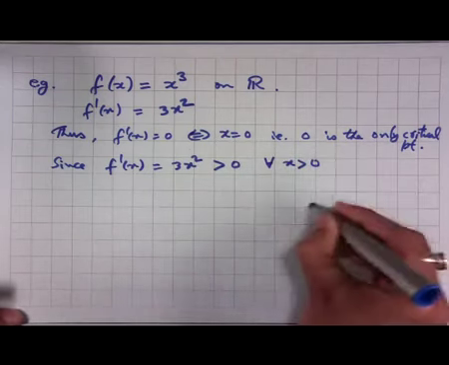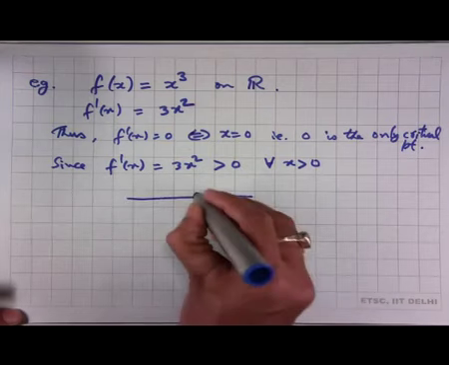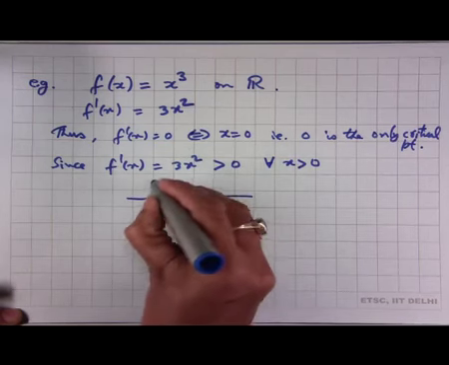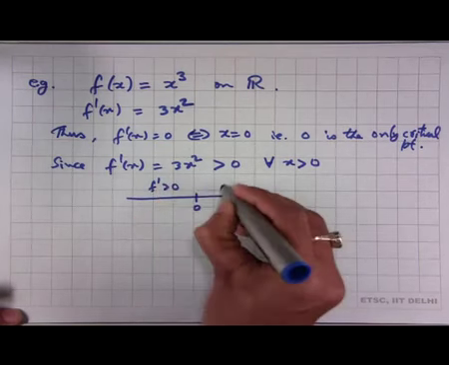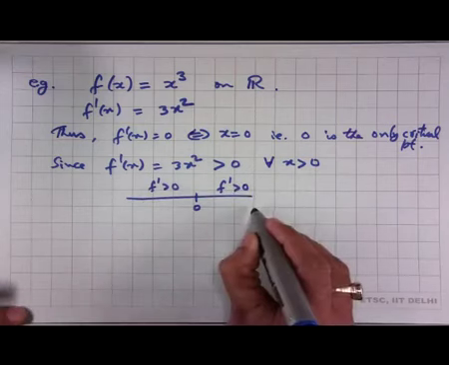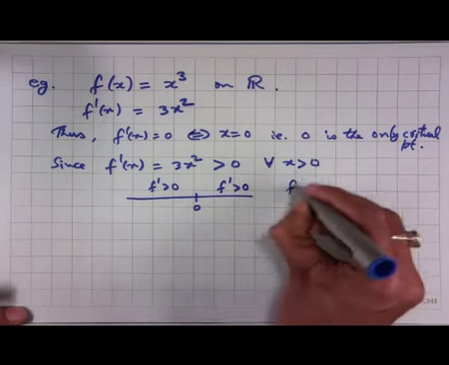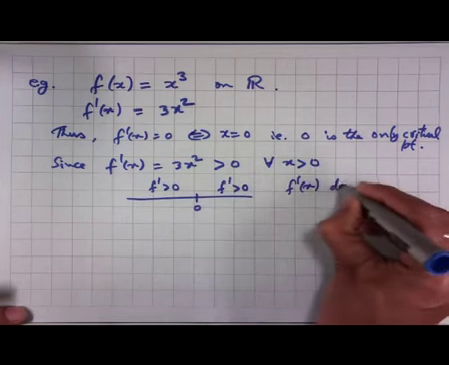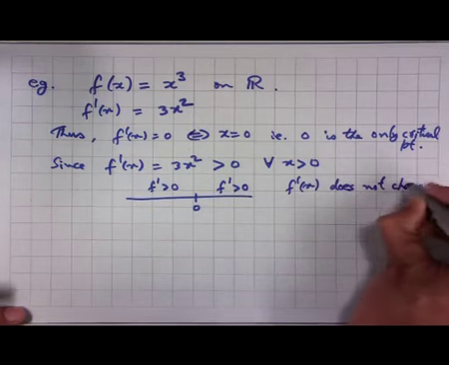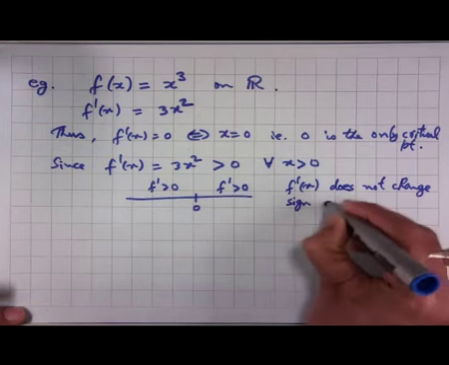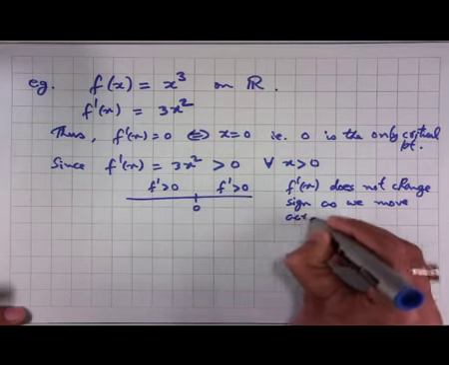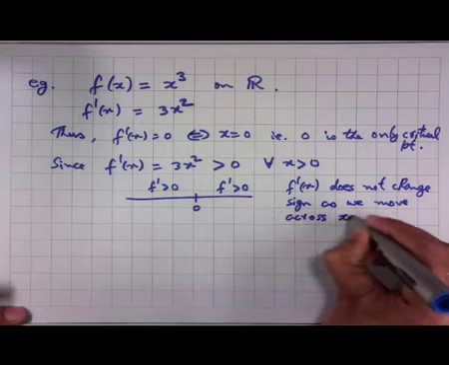So, across this critical point 0, f' is positive as we move from this side to that. So f'(x) does not change sign as we move across x equal to 0.